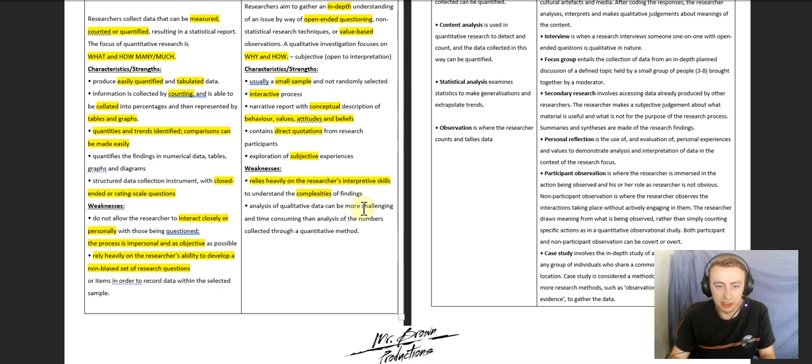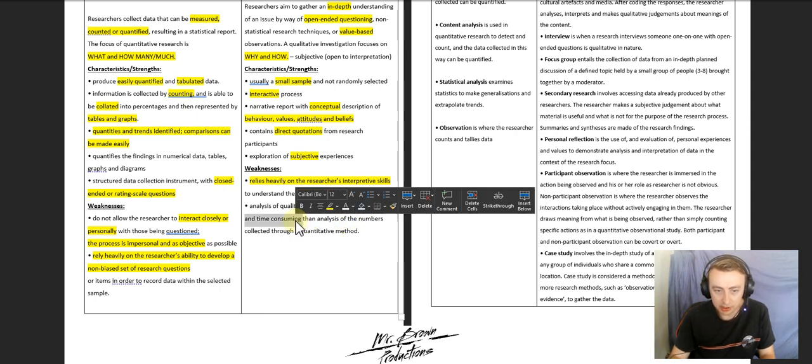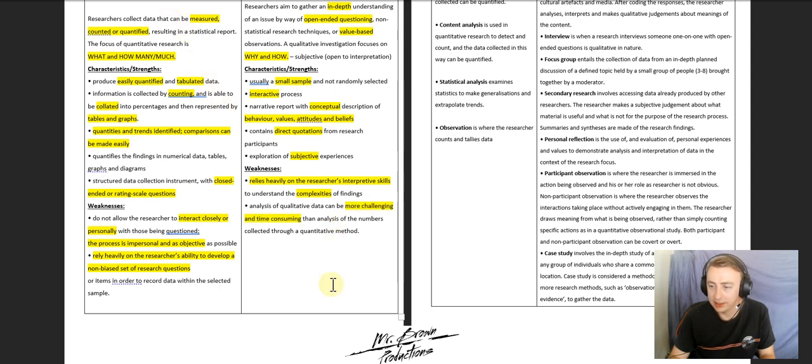The other thing is it can be more challenging and time consuming than analysing numbers. If I was to interview one person, let's say that took half an hour. If I look at a statistical study on something, I can get the numerical data really quickly, because there's more than just the interview.